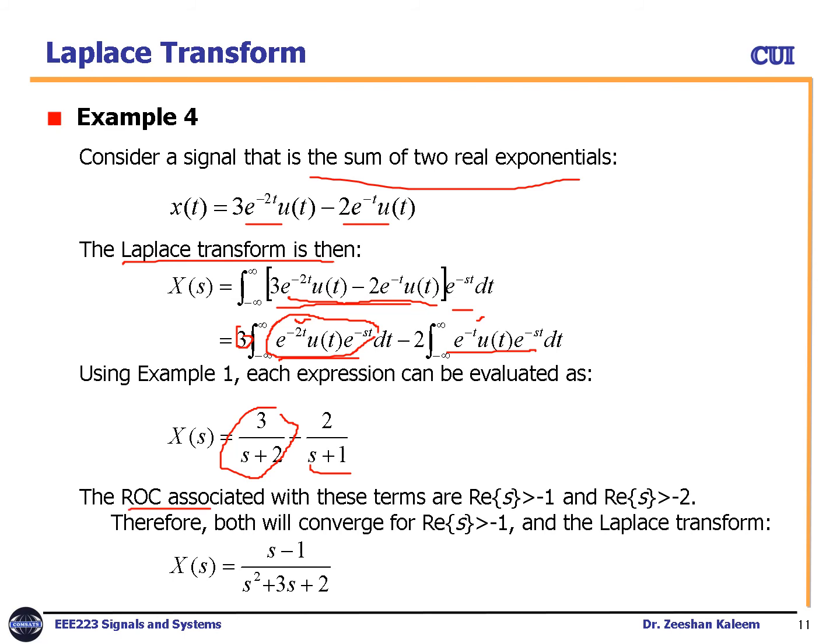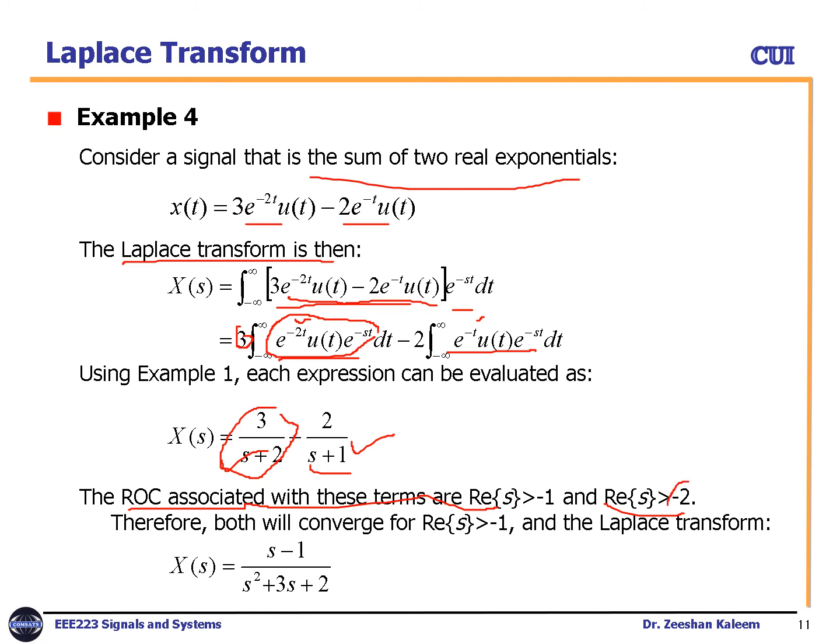Now the region of convergence for these terms: for this one, the condition is that real of s should be greater than minus 1. And for this term, the condition is that real of s should be greater than minus 2. Right? Because previously real of s should be greater than minus a.